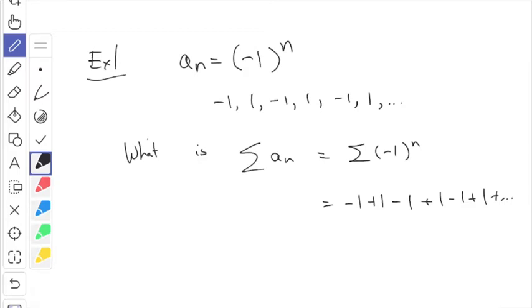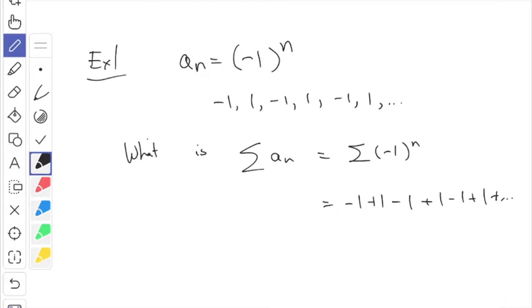Now, this one is a little trickier to have some idea going into it. First of all, I would say this is not going to be infinite. It doesn't seem to be infinite because if I'm adding negative 1 and positive 1, there's some cancellation, right?